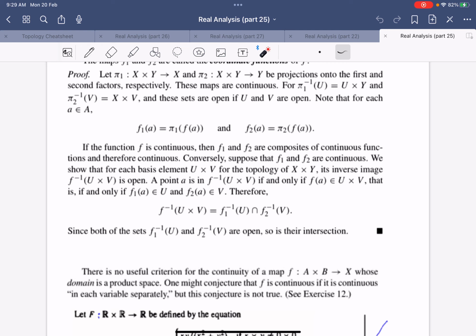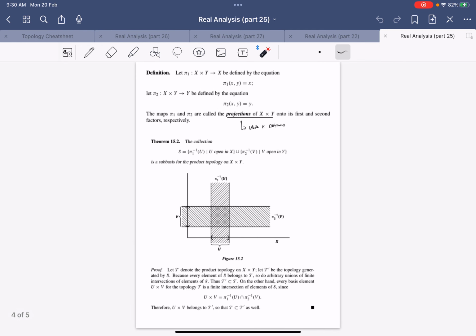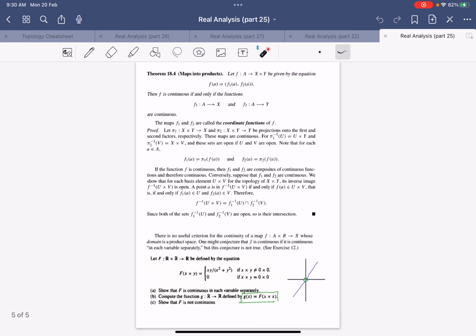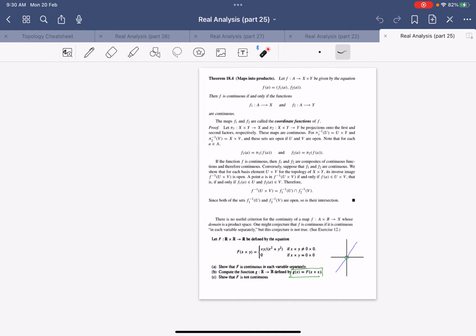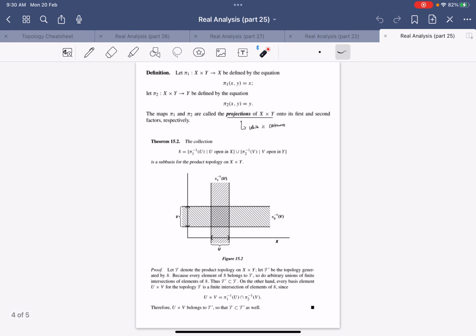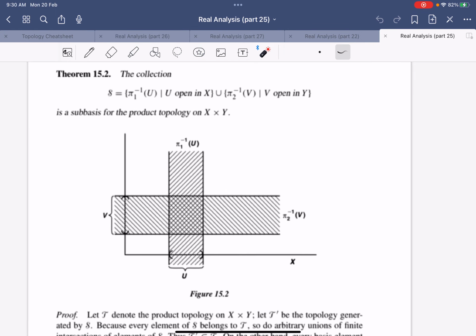And so it results back into this scenario over here, where the pre-image of U cross V is the pre-image of U intersecting the pre-image of V for F1 and F2 respectively. And since F1 and F2 are both continuous, this will be open and this will be open, which means that the intersection will be open as well. So take a look at this picture to understand.